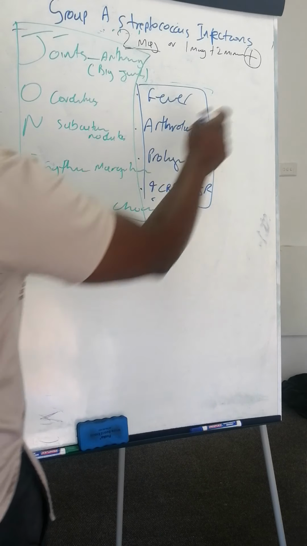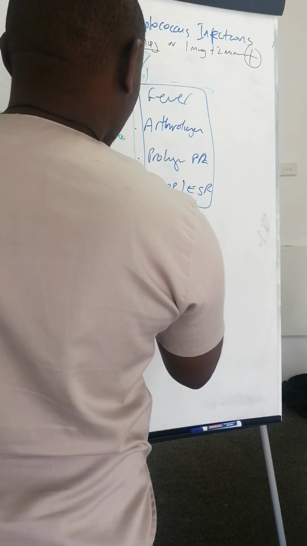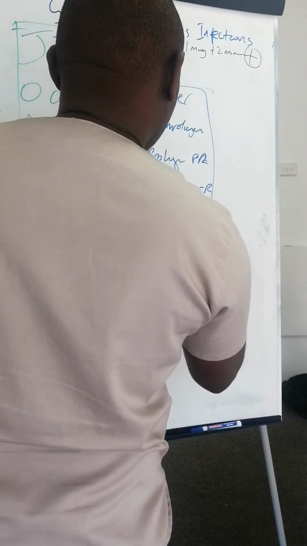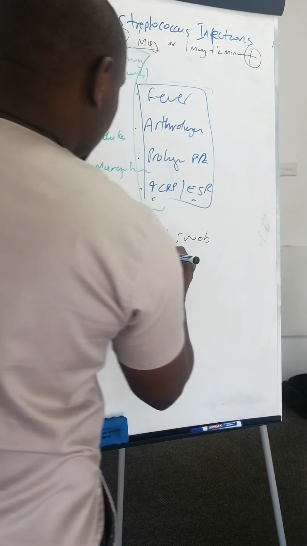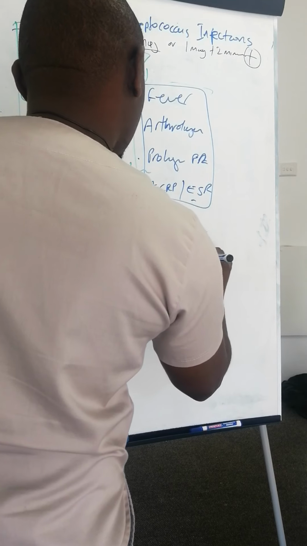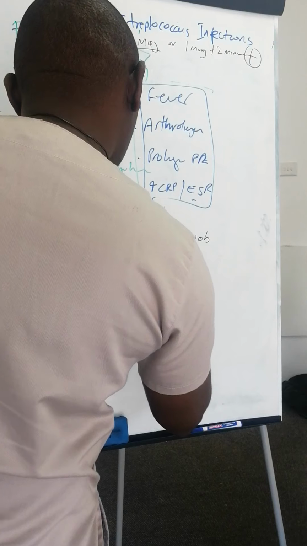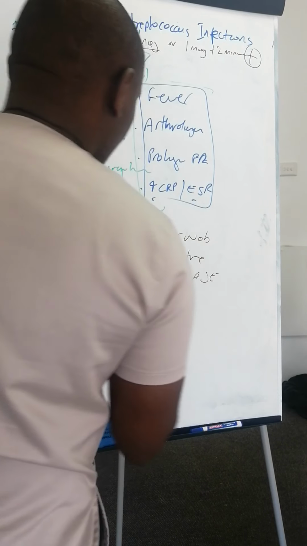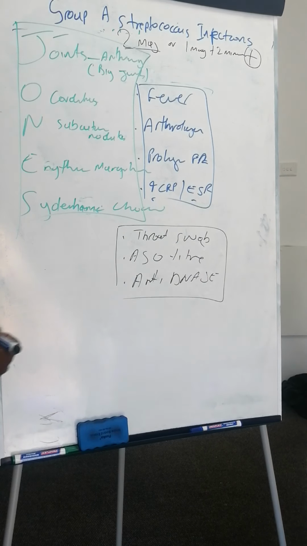So the evidence is: you can do a throat swab culture, number one; you can do anti-streptolysin O titers; you can also do anti-DNase B antibodies. So these are the tests that you can do for the evidence.